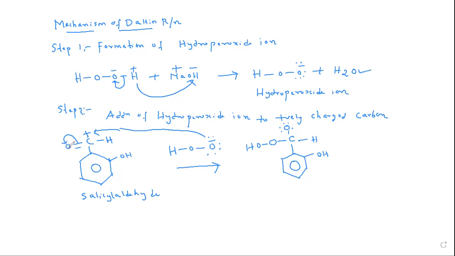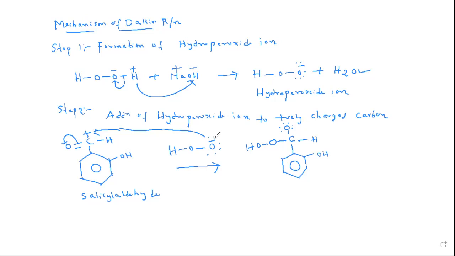As oxygen is having more electronegativity, this pi bond will be migrated towards oxygen. So the adjacent carbon will get positive charge. Okay. Now to stabilize this positive charge, I'm using this hydroperoxide ion, which you got in step number 1.